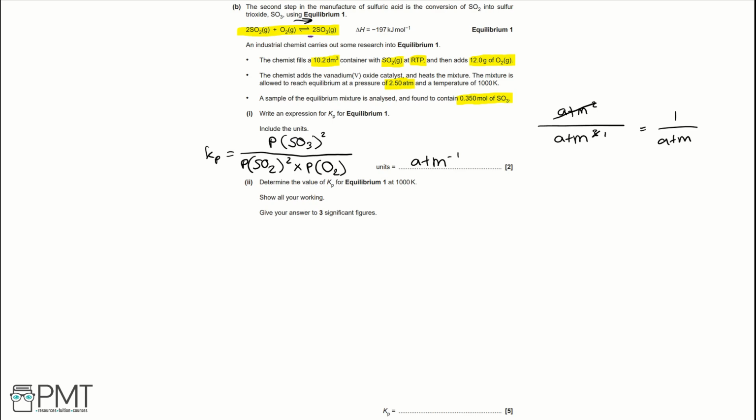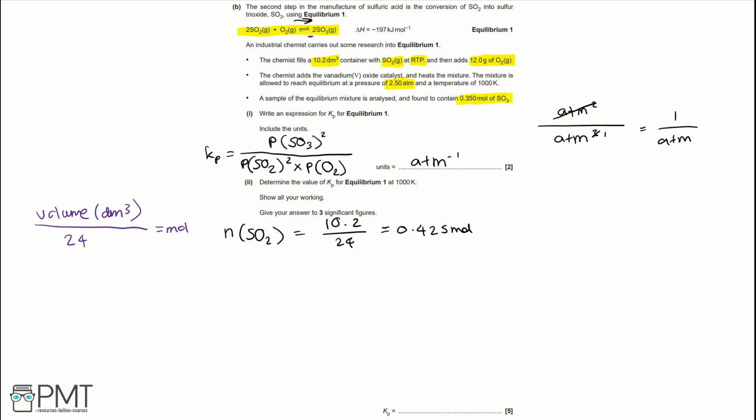So that means our first step is going to be to work out the moles of SO2 and O2. So we're going to use 2 different equations. Our first equation is volume in decimeters cubed, divided by our molar volume of 24, and that's going to equal moles. So for SO2, that's going to be 10.2 divided by 24, and that equals 0.425 moles.